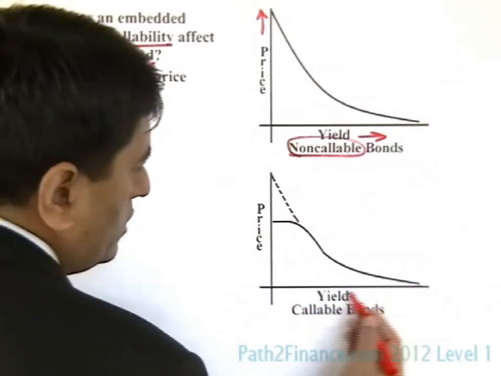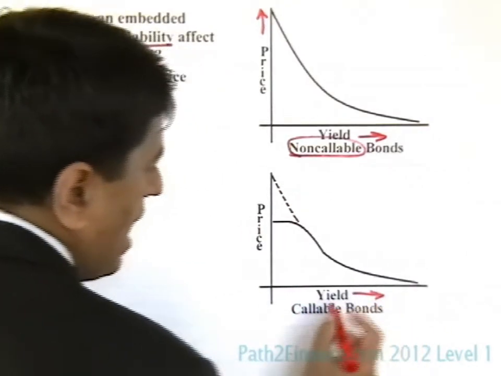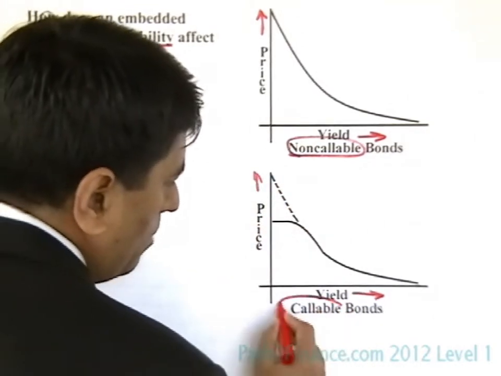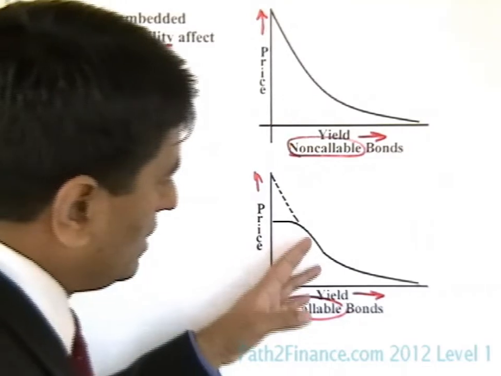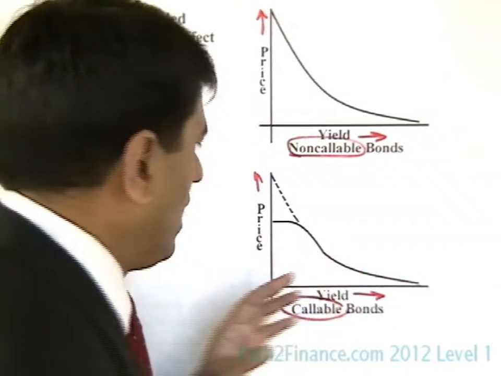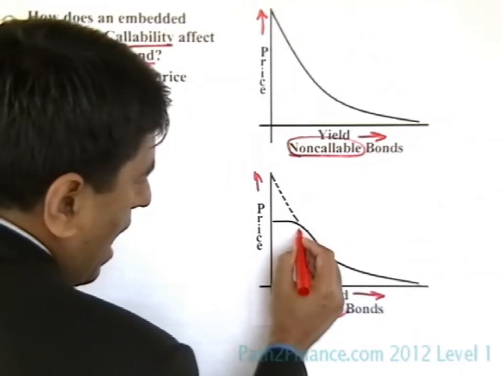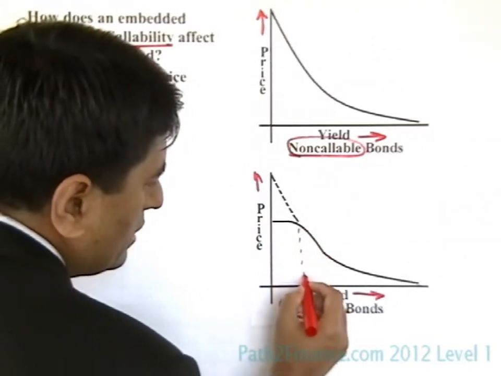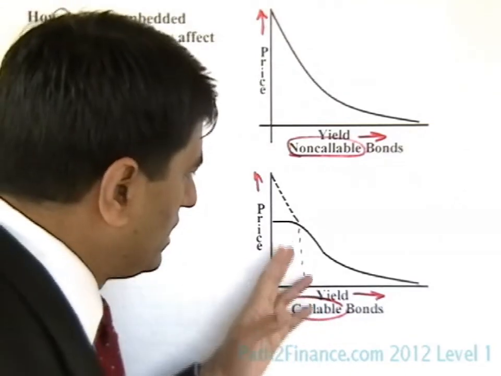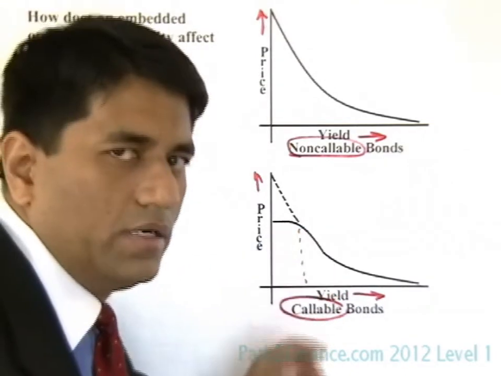This is the plot when you have yield and price for a callable bond. What happens in a callable bond is as the yield keeps falling, at around this point there becomes the strong possibility that the firm is going to call this bond.